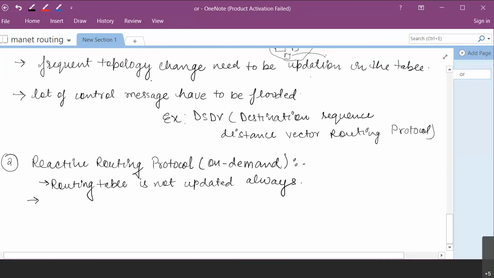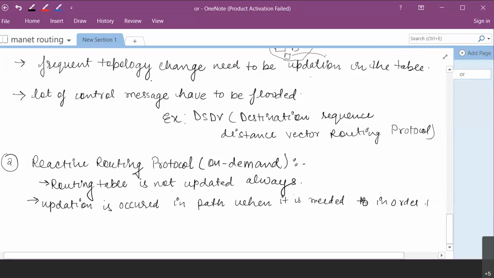Also, updation occurs in the path only when it is needed in order to perform the communication between two nodes.